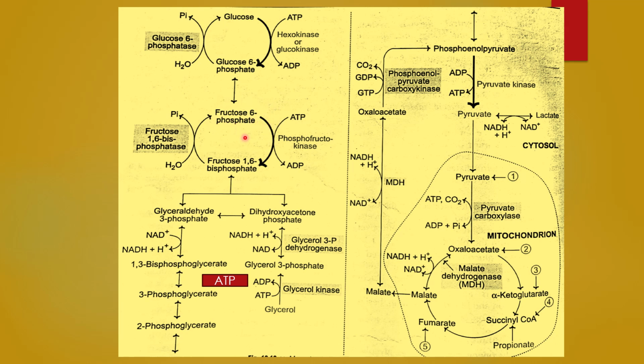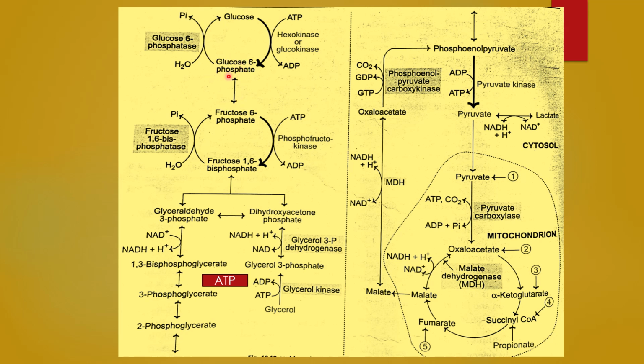Here the second difference comes: phosphofructokinase was working for conversion of fructose 6-phosphate to fructose 1,6-bisphosphate. Now in the reverse direction, in the gluconeogenesis pathway, the enzyme is fructose 1,6-bisphosphatase. So it reverts fructose 1,6-bisphosphate back to fructose 6-phosphate, right? Then further, through isomerization, fructose 6-phosphate converts into glucose 6-phosphate, with the same enzyme.